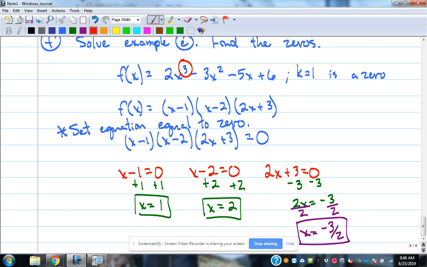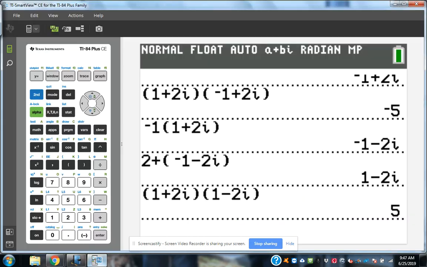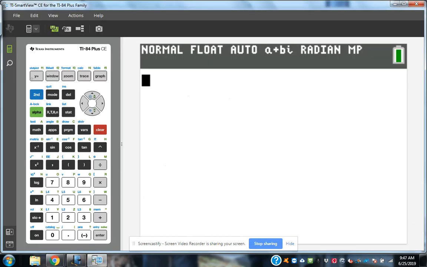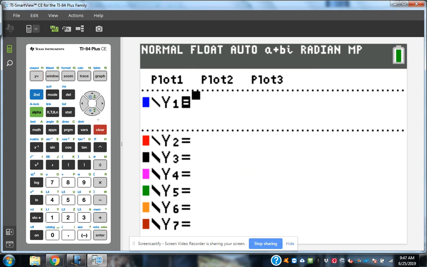Now I want to show you how this relates to the graph of that polynomial. With the graphing calculator, you can verify these things. I've cleared out everything, and I'm just typing in that equation: 2x raised to the third power minus 3x squared minus 5x plus 6.